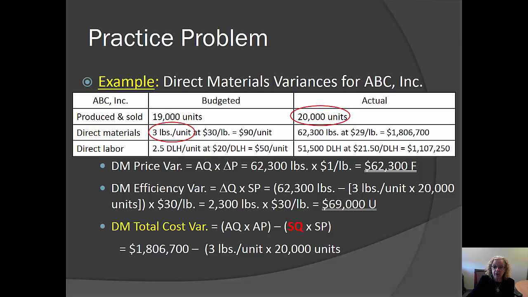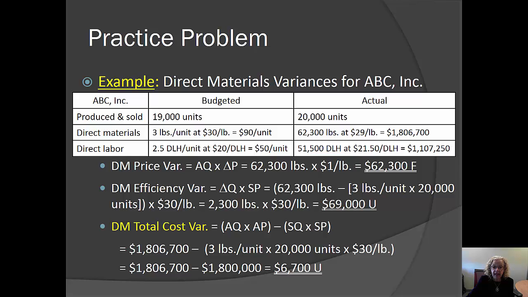At 3 pounds per unit, at $30 per pound, we can figure out that we would have expected to pay $1,800,000. In fact, our actual cost for the materials was a little bit more than that, giving us an unfavorable total flexible budget variance for materials.